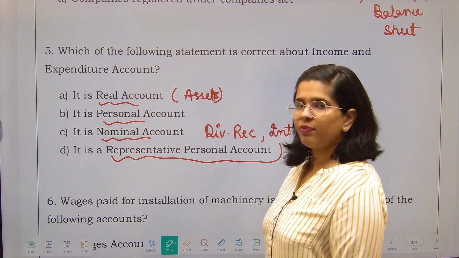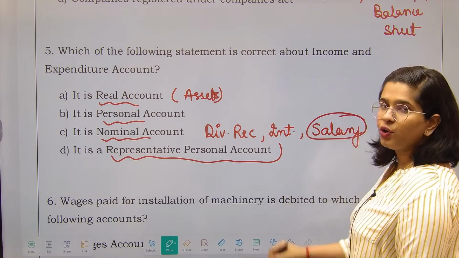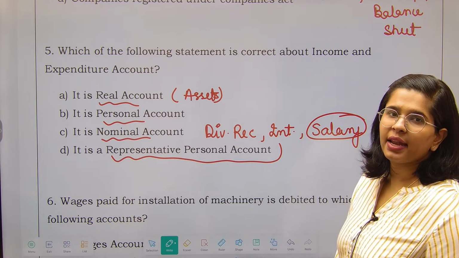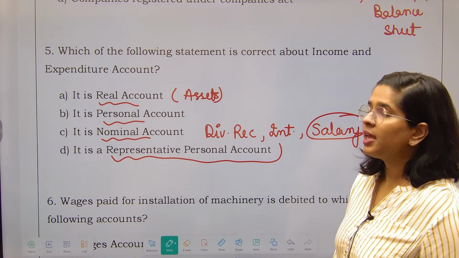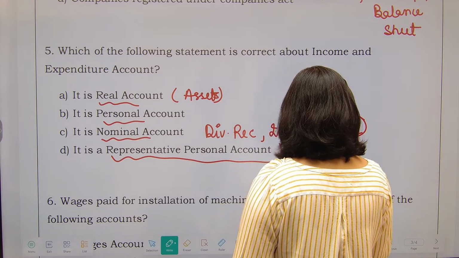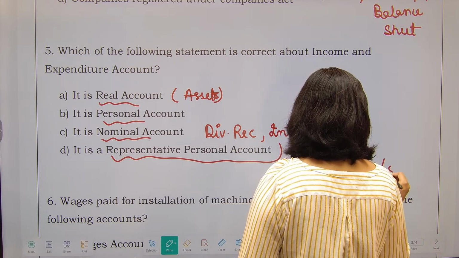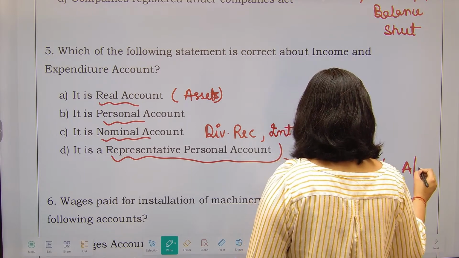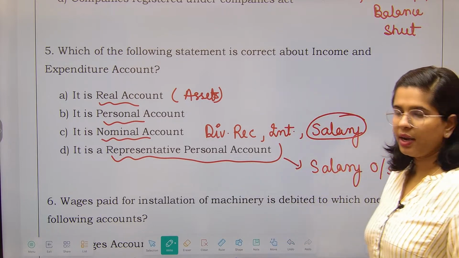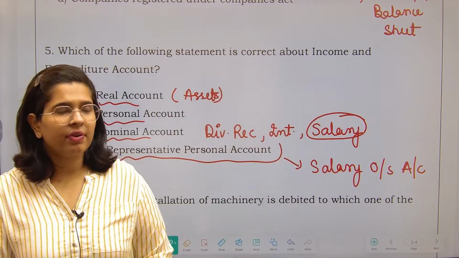Wherever representative personal account, suppose you had to pay the salary, but you were not able to pay the salary to some of your employees. Now this salary has become outstanding, correct? So now the account's name will be salary outstanding account, or outstanding salary account, you can pronounce it in whichever way.